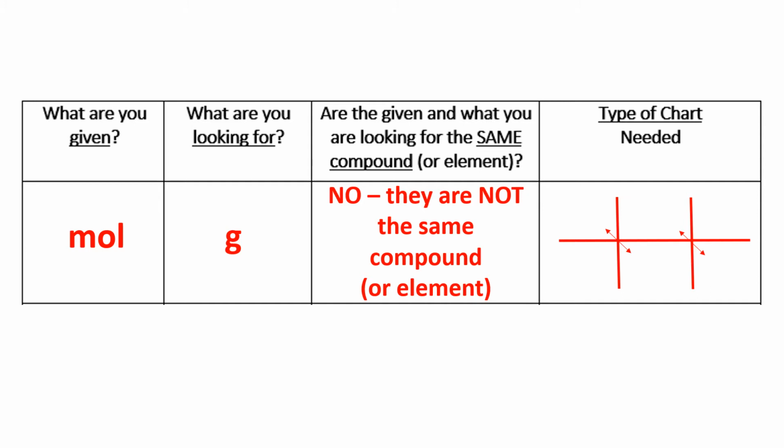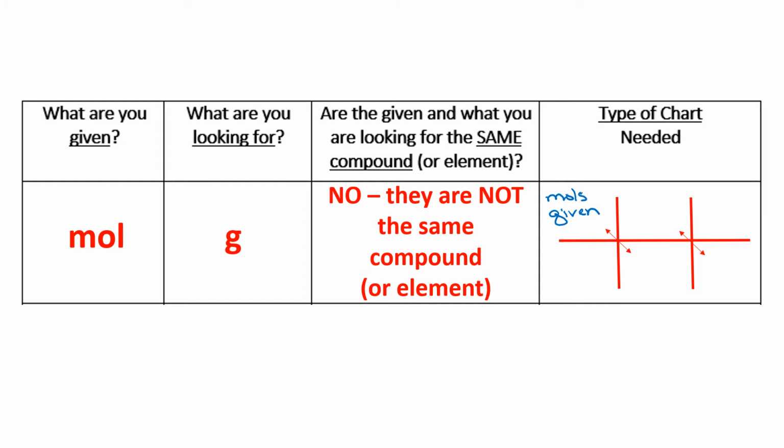Okay, moles to grams, they are not the same. So we start with moles of given. The first thing we have to do is convert it from moles of given to moles of what we're looking for.